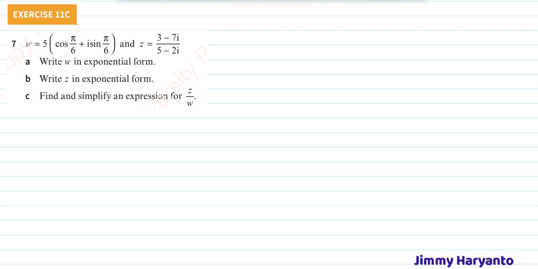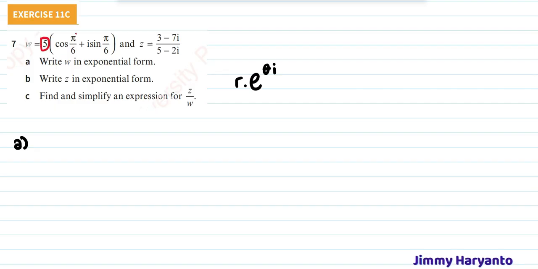Okay, next is 7. For question 7, maybe you will need this form. It's r times e to the power of theta i. So the one in front of the e is r, the one above the e is theta i. So for the w, the r equals 5.